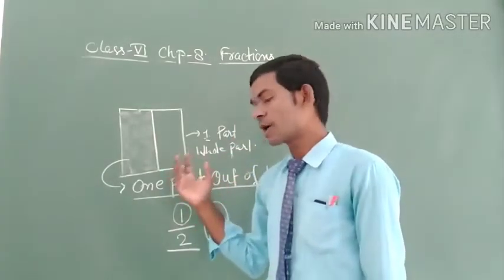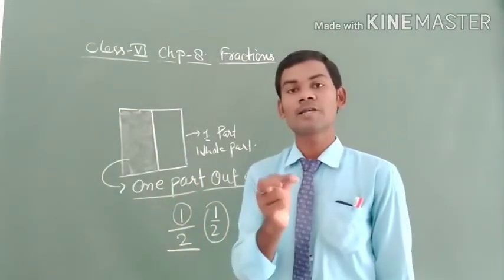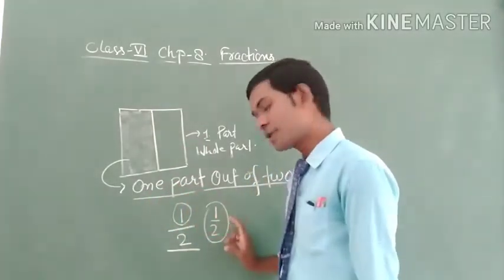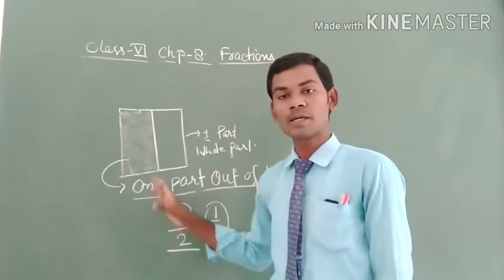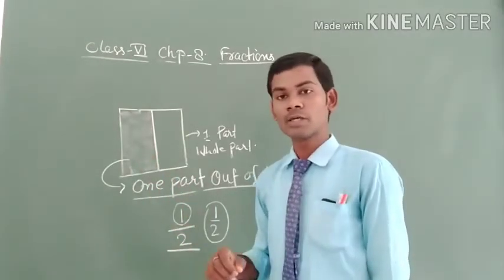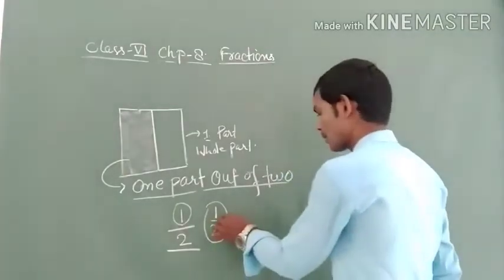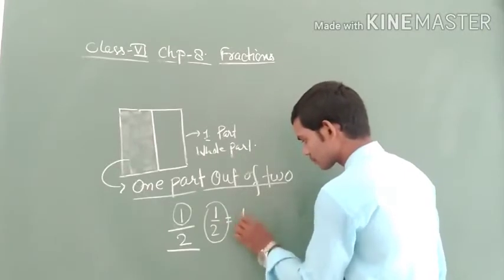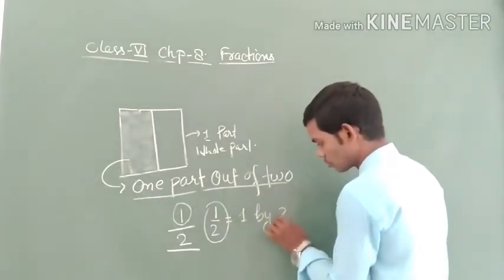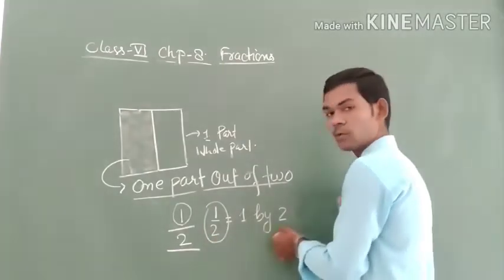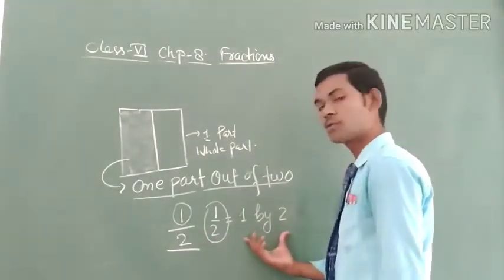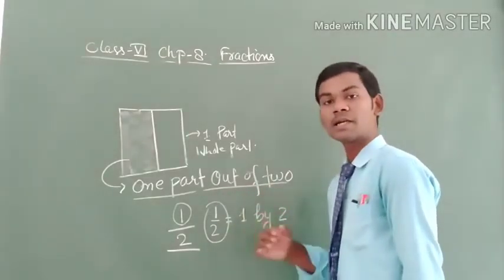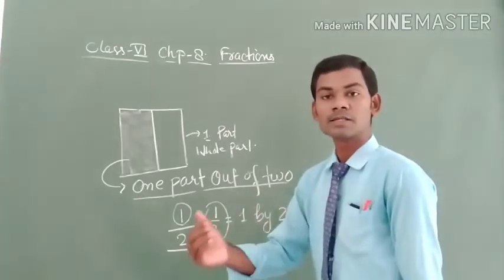So if it is divided into two halves, and if I shade one half of this square, then 1 by 2 represents the half part of the object. We read this fraction as 1 by 2, and the meaning of 1 by 2 is one part out of 2 shaded, or you can say that half of the square is shaded.